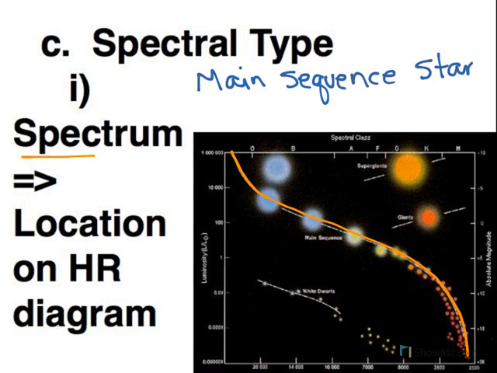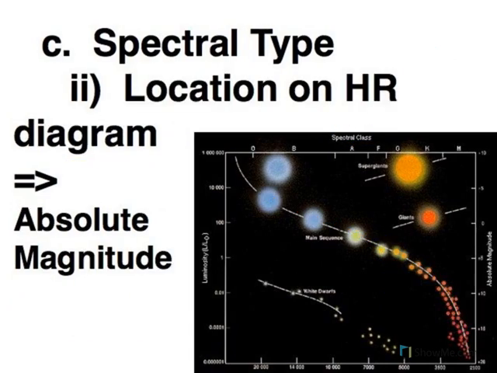So from the spectrum, we know its temperature or its spectral class. So we find where it is horizontally, and then we just read off, based on where it is on the HR diagram, the corresponding absolute magnitude or luminosity.